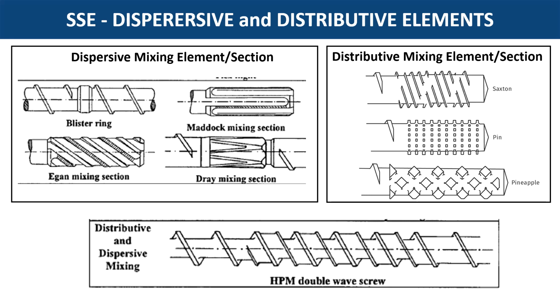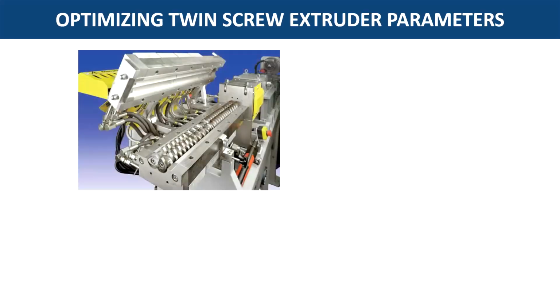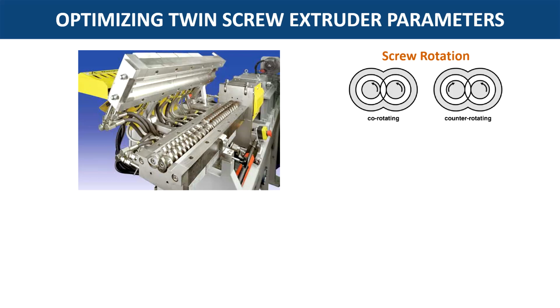Now, let's discuss twin screw extruders. Twin screw extruders are much more versatile than single screw extruders. The two screws used in a twin screw extruder can rotate in the same direction or in opposite directions, which will lead to significantly different levels of shear force.